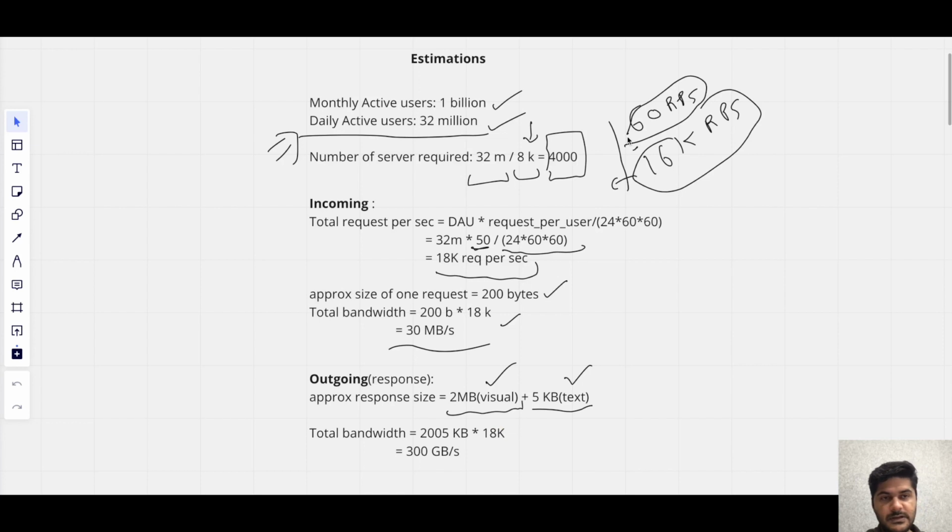So if I am saying that 2 MB of data will be returned in every response from the server, then if I just simply do this multiplication, then 300 GB per second is going to be my output bandwidth which is required from these servers.